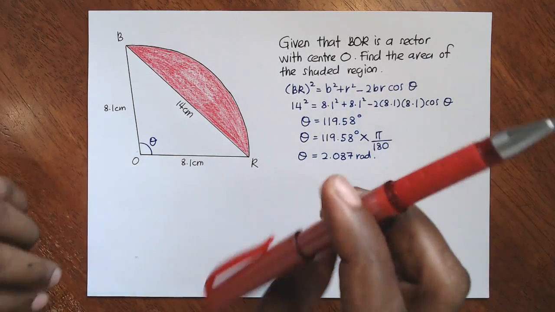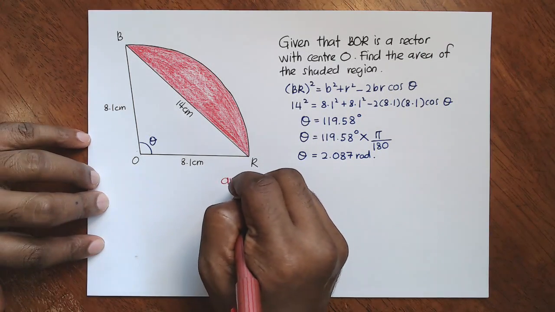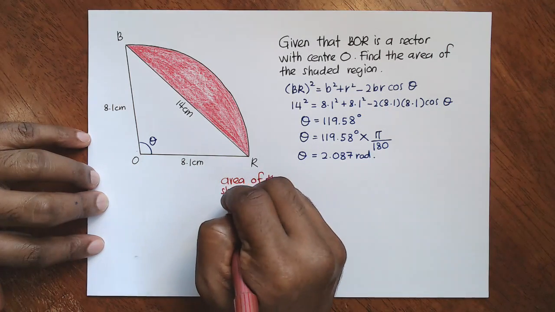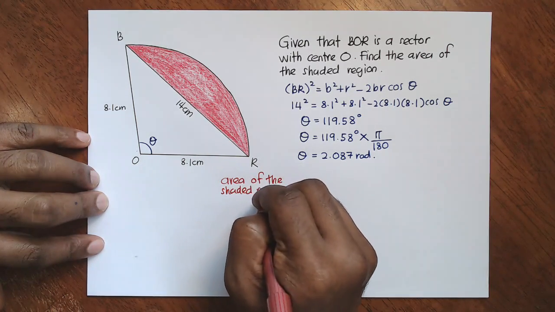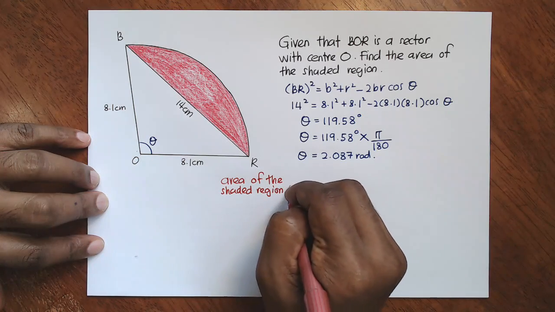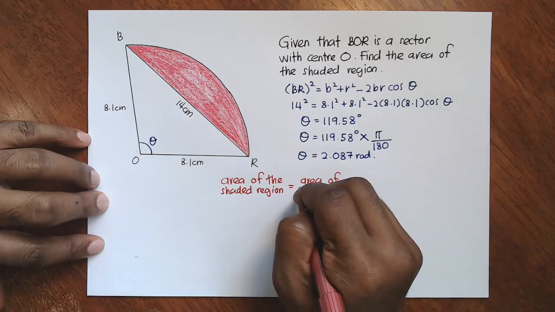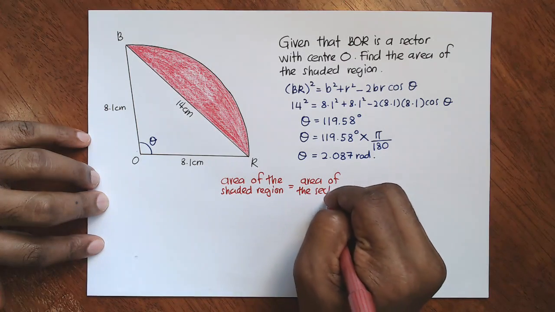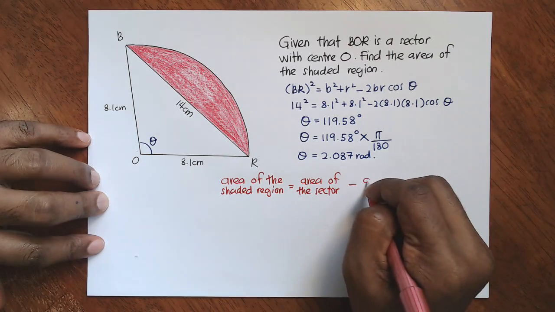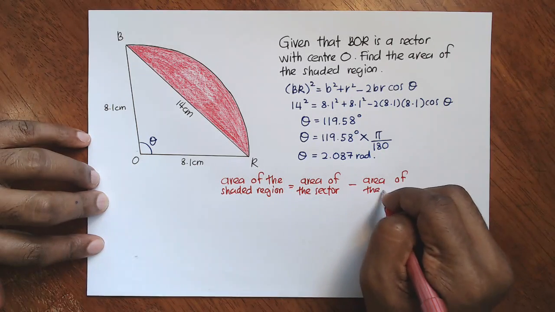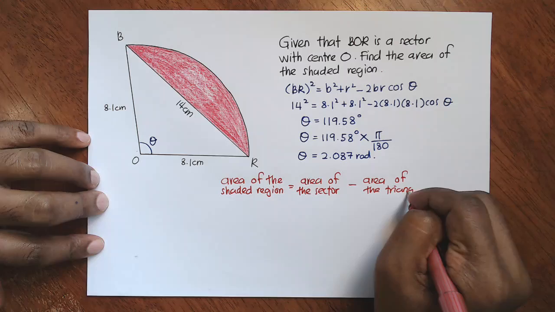Now we can find the area of the shaded region already. The area of the shaded region is the area of the sector minus the area of the triangle.